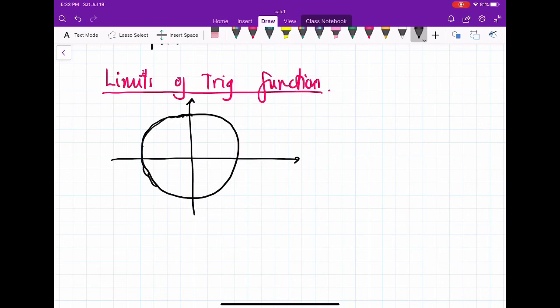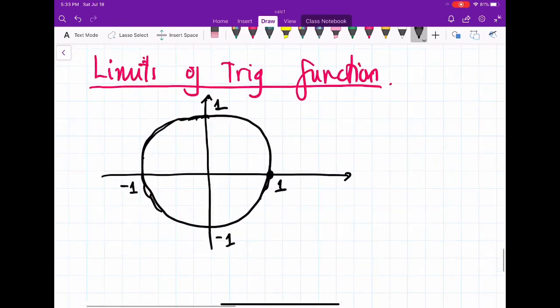My unit circle is a little bit different from the unit circle you learned in high school. This is 1, this is -1, this is -1, this is 1. I want to use the unit circle to study trig functions. If I have a point right here, this is the angle x.